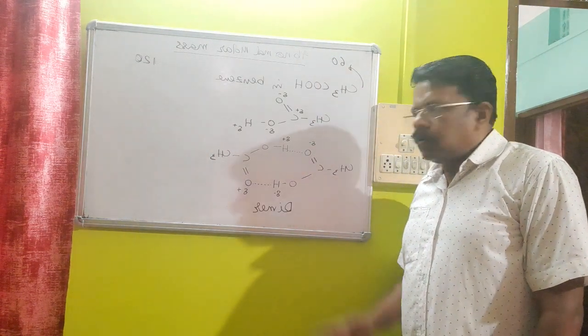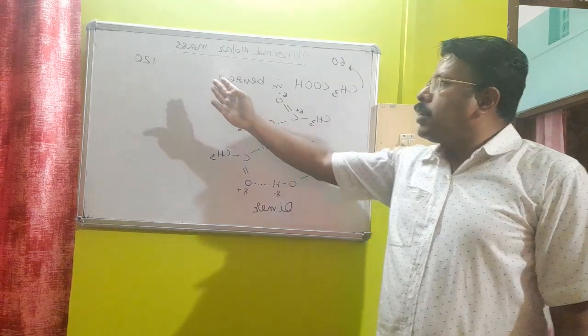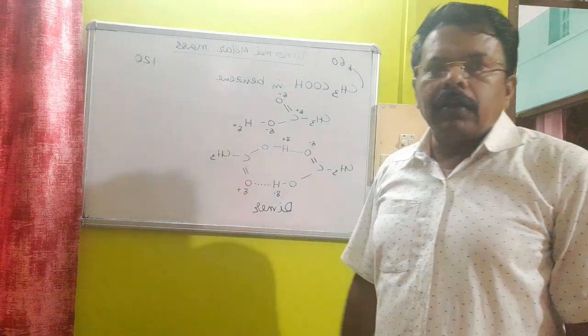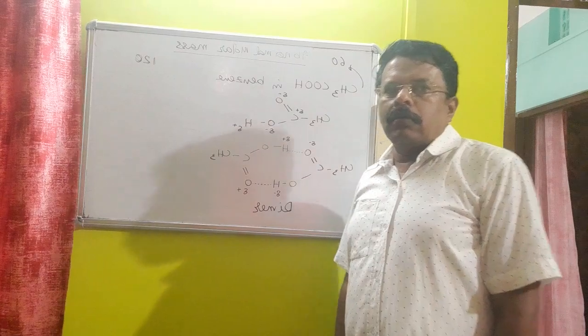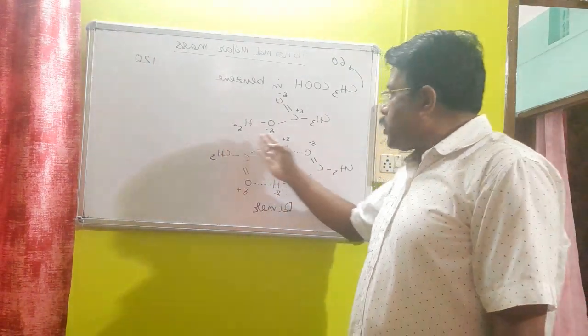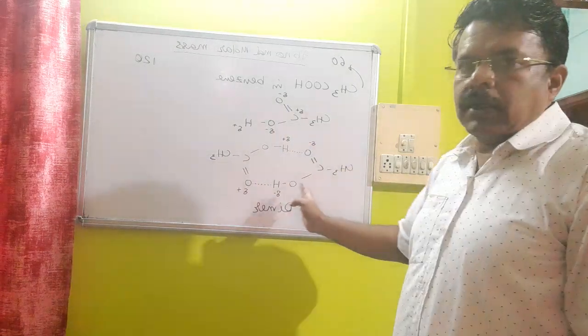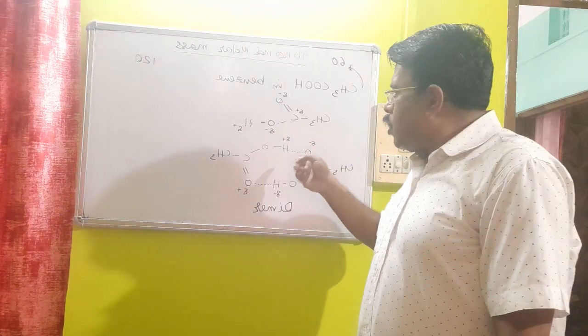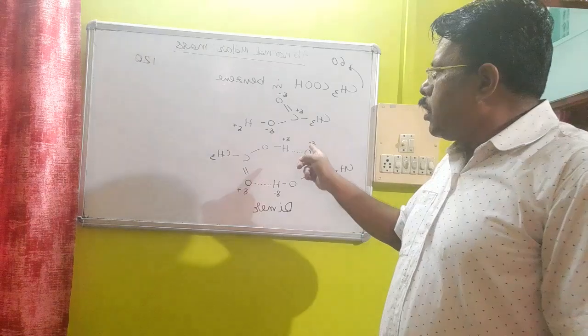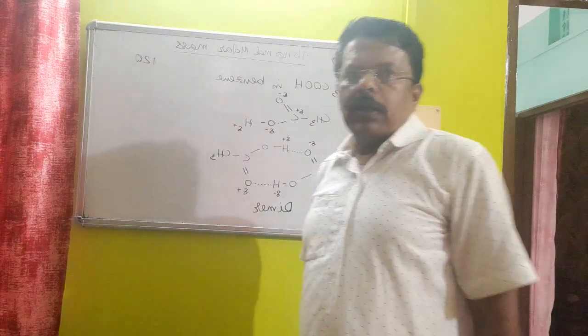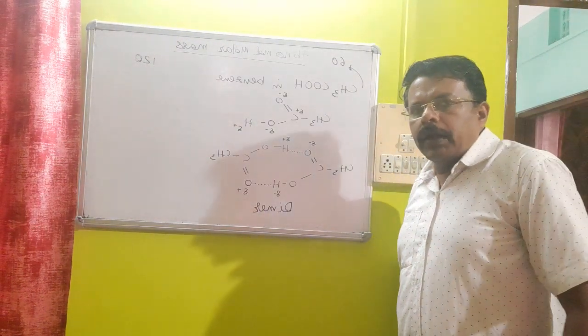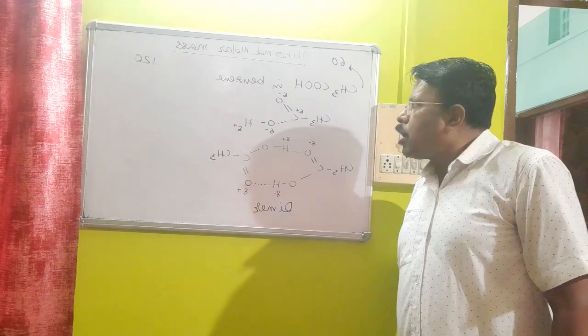Truly speaking, the molecular mass 120 is not abnormal, because it is this particle existing in the solution, and we get the molecular mass of this particle. Anyway, we call it abnormal molar mass.